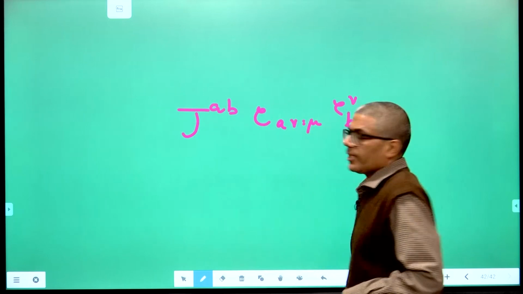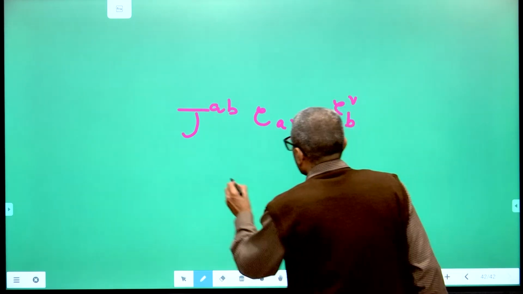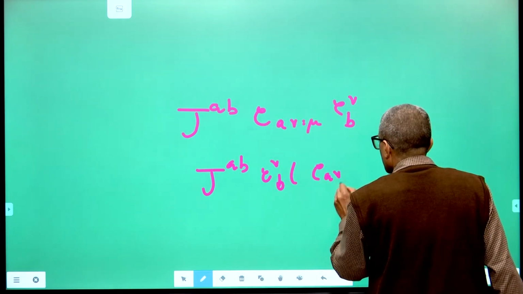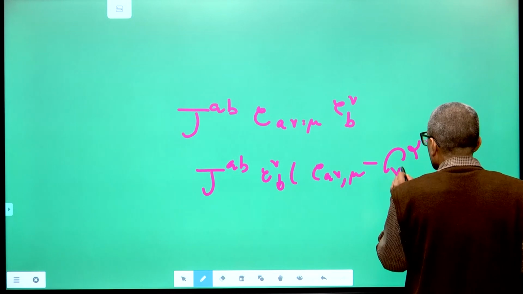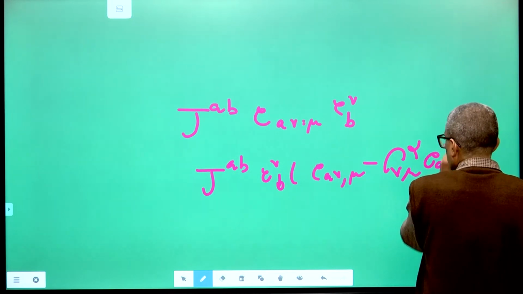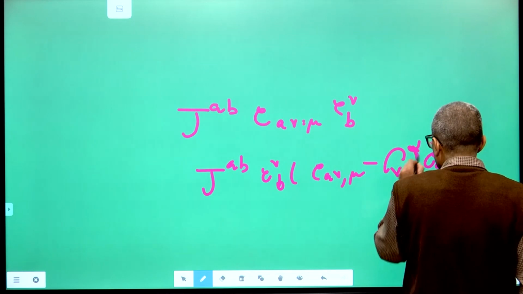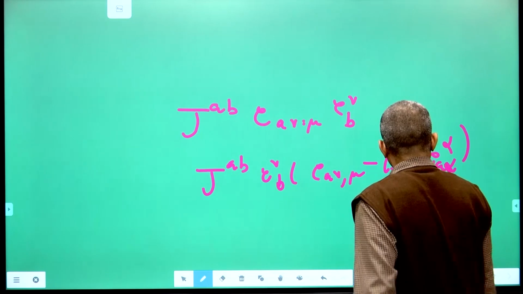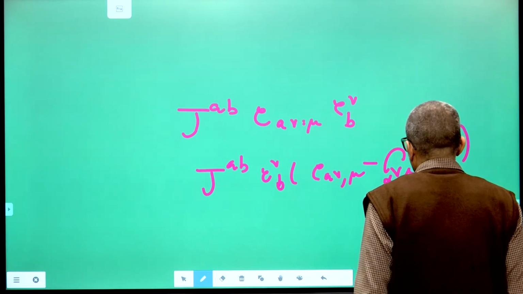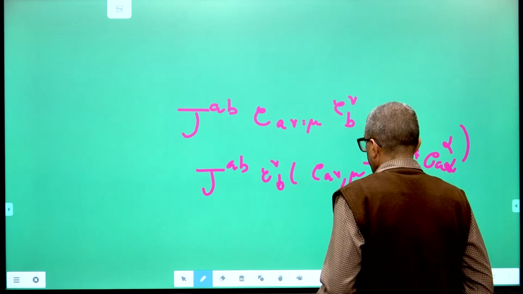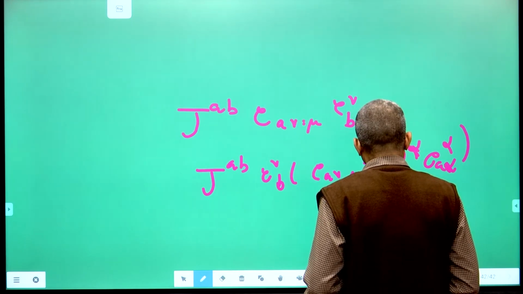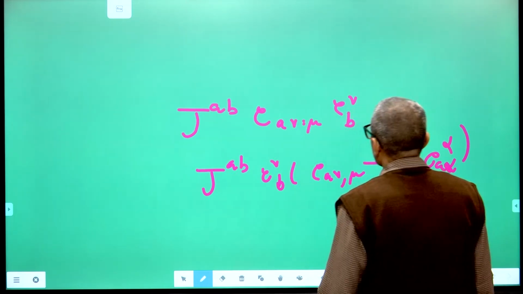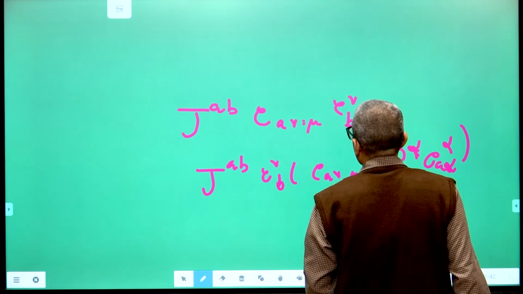So can we replace this covariant derivative by an ordinary derivative? You can replace it provided you have J_AB E_νB E_A^ν comma μ minus Γ^α_νμ E_A^α. You bring the α on top, bring this on bottom. So this is symmetric with respect to interchange of ν and μ, but not with respect to interchange of ν and α. So I think you cannot replace this covariant derivative by an ordinary derivative.